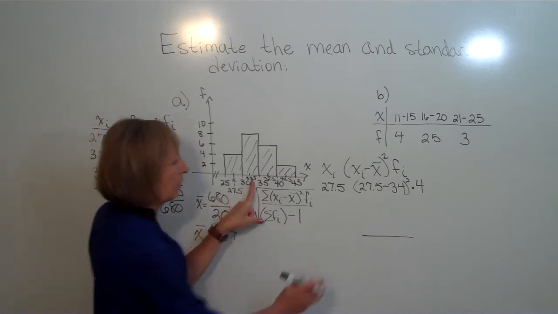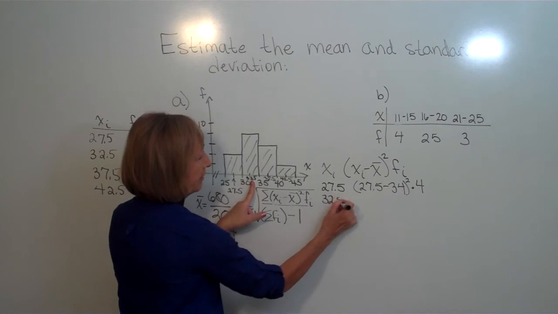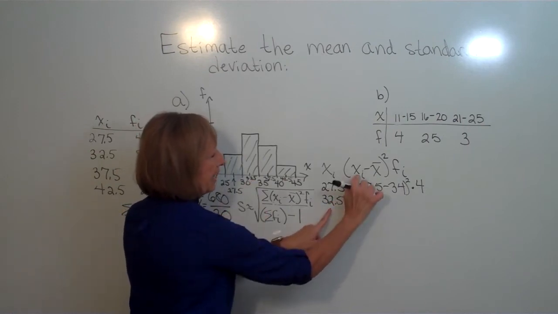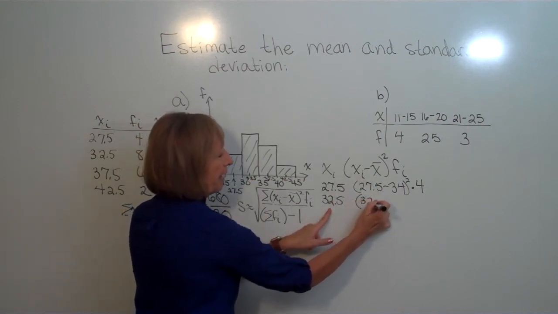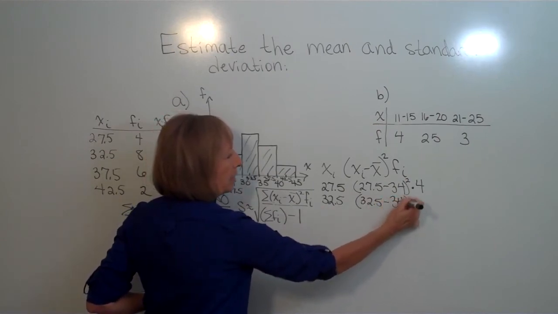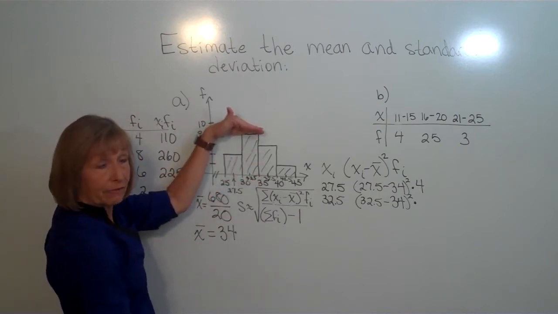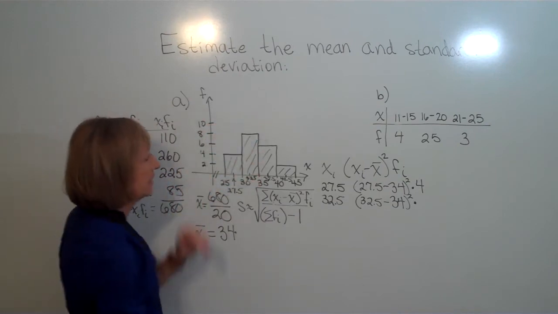Next one is our 32.5. So 32.5 is my x. So we're going to take that x of 32.5, subtract the sample mean of 34, quantity square it, and multiply it by the frequency for that particular class, which is 8.